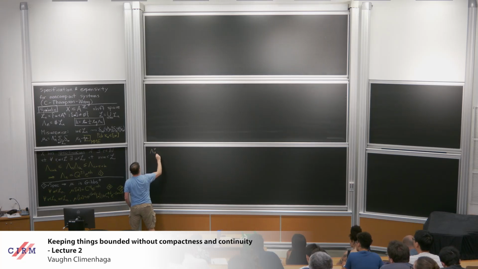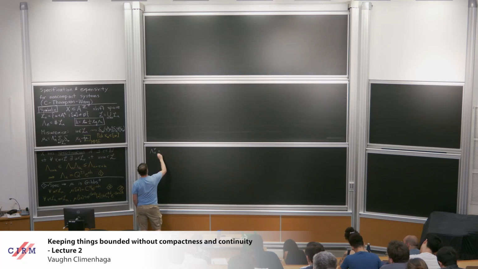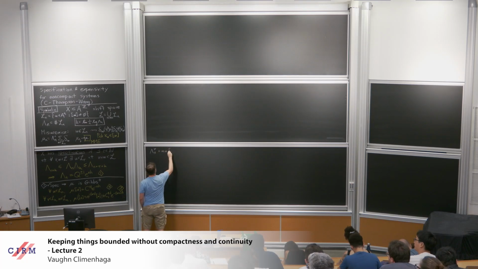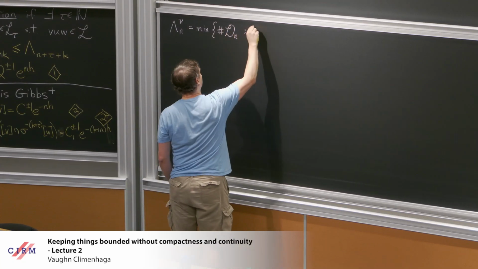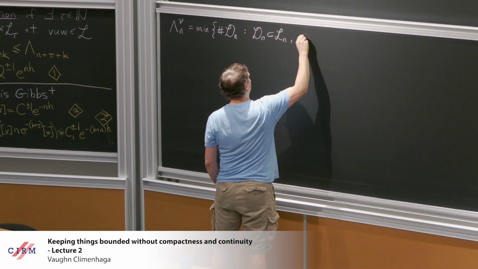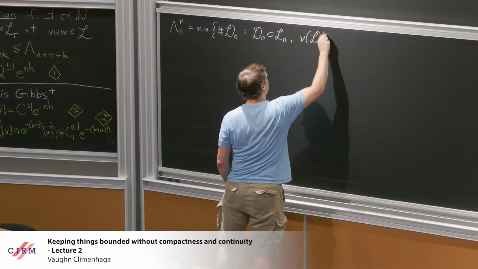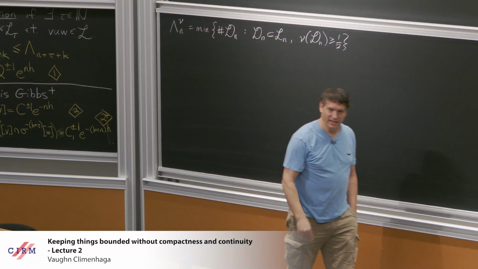Last time I made this definition that if you have some ergodic measure nu, you want lambda n nu to be the smallest number of n cylinders that are required to have weight at least 1/2 with respect to nu.